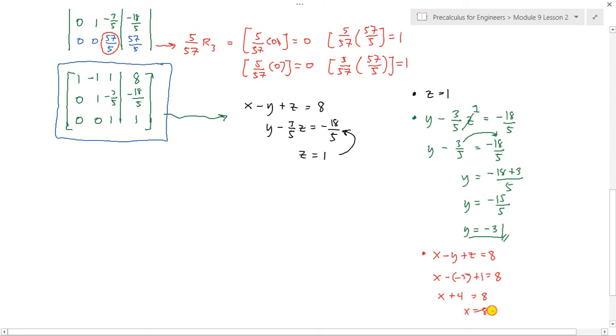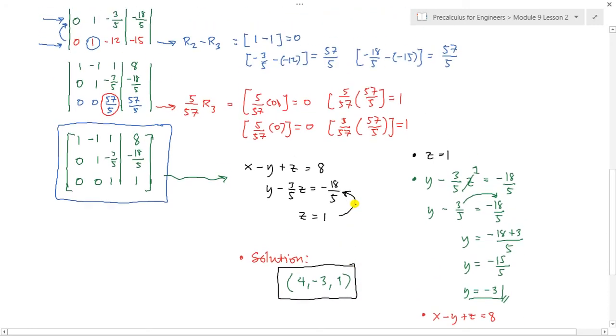So x is equal to 8 minus 4, that is equal to 4. So therefore, our solution is an ordered pair of 4, negative 3, and 1. So, mao ra na siya, class. Mao na ang atong answer using matrices in row echelon form.